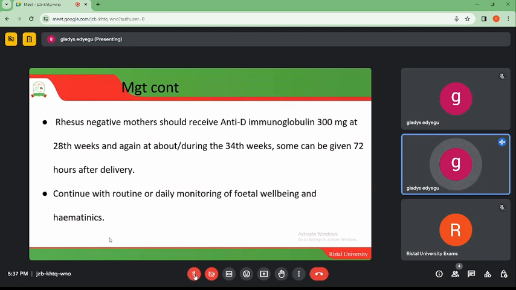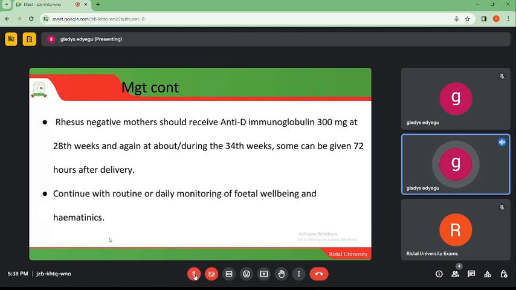So continue with the routine or daily monitoring of fetal well-being and hematinics. We give these mothers these drugs to help boost their hemoglobin levels. And also we have to continue monitoring the fetal hearts of these babies, because when the mothers lose blood, it also affects the fetus inside the uterus. So we have to continue monitoring the fetal heart.